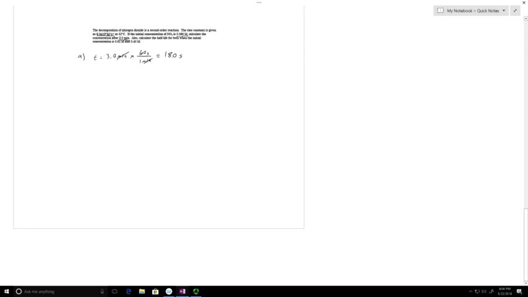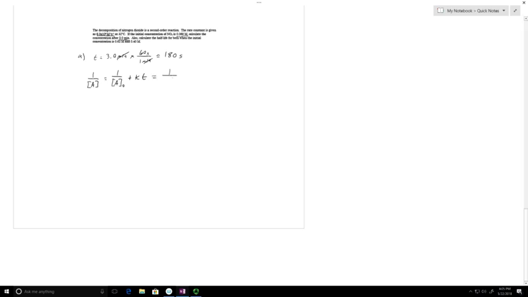Now we're going to set up the time concentration formula for a second order reaction, which is 1 over the concentration of the species is equal to 1 over the initial concentration of the species plus kt. So if we were to go ahead and plug in our values, we can do that easily enough here.